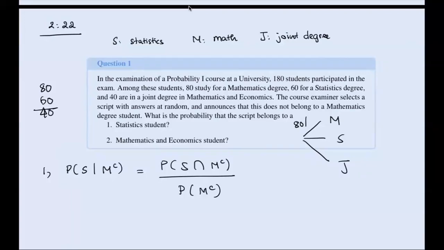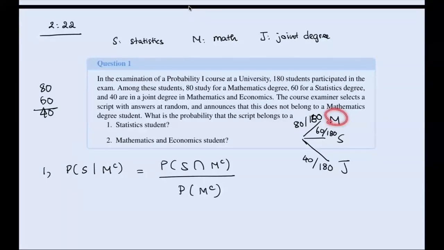So we have 180 students in total. And for statistics, the chance that a student is in statistics is 60 divided by 180. And the joint degree is 40 over 180.